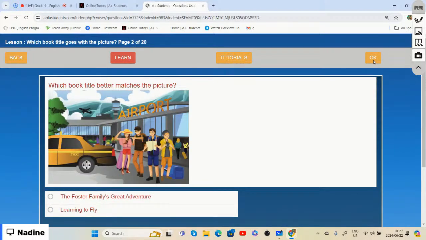Which book title better matches the picture? So look at the picture. Now the title says The Foster Family's Great Adventure or Learning to Fly. So if we look at the picture, right, is the title The Foster Family's Great Adventure or is it Learning to Fly?